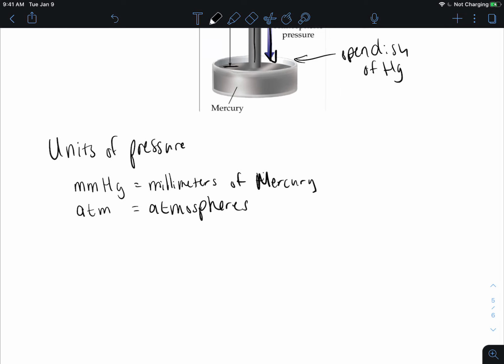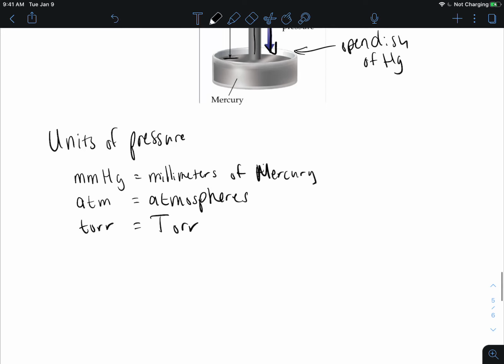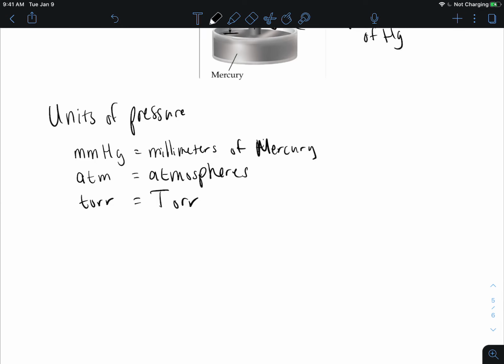But some other ones we're going to look at. Torr, which is abbreviated as, well, I guess the abbreviation here is lowercase torr, and it means uppercase Torr. Makes sense, right? And then we also look at PSI, which is pounds per square inch. And then Pa, which is pascals.